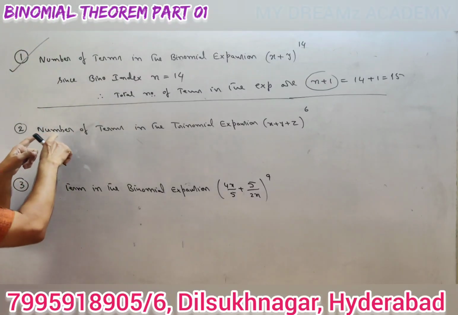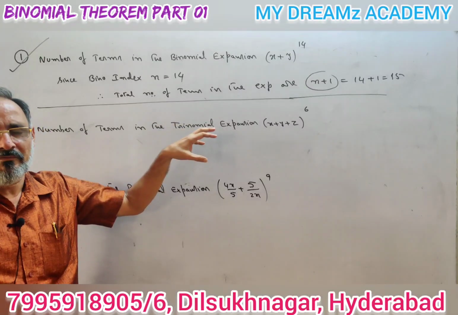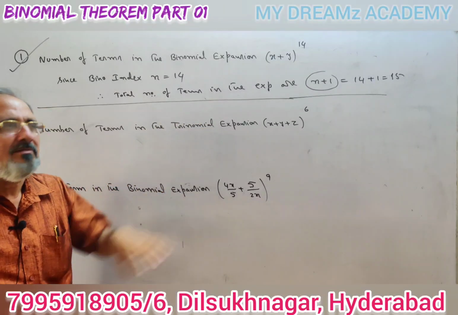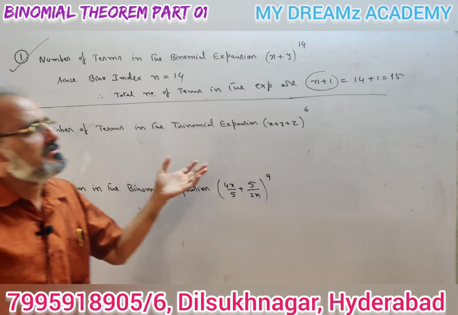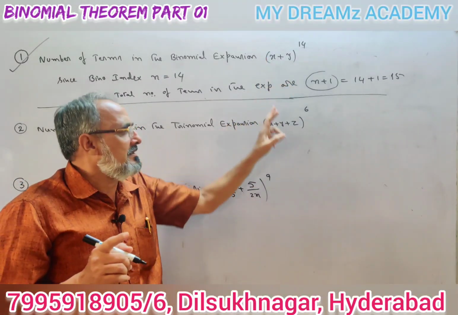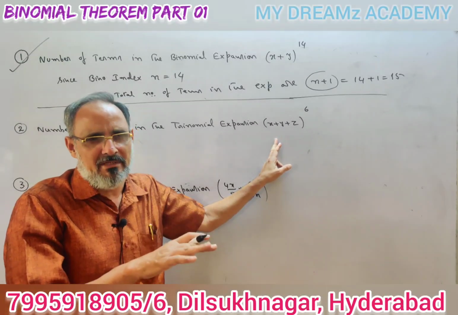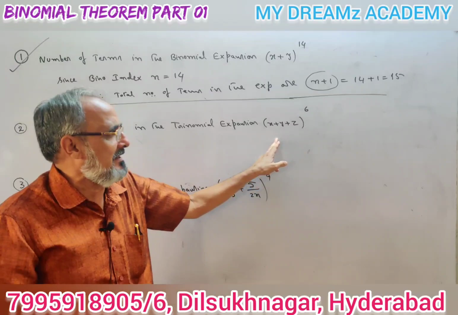Next, the number of terms in the trinomial expansion. It is a very rare problem in the competitive track, because 90% of questions are on binomial, 8% are trinomial, and 2% are multinomial in JEE Mains and Advanced level.